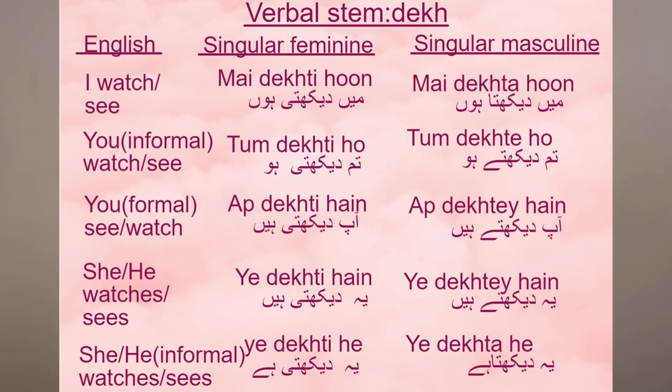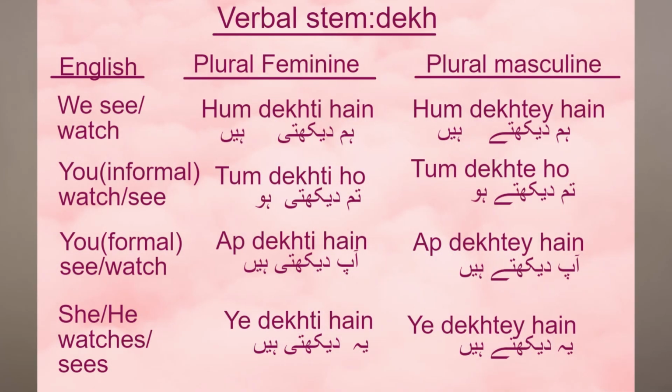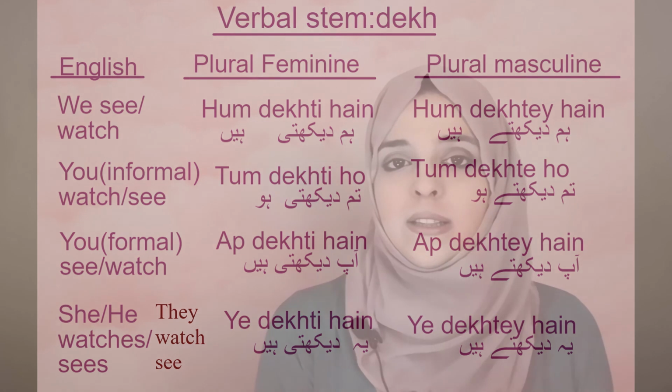And for the masculine plural and feminine plural, हम देखते हैं. हम देखती हैं. तुम देखते हो. तुम देखती हो. आप देखते हैं. आप देखती हैं. ये देखते हैं. ये देखती है.